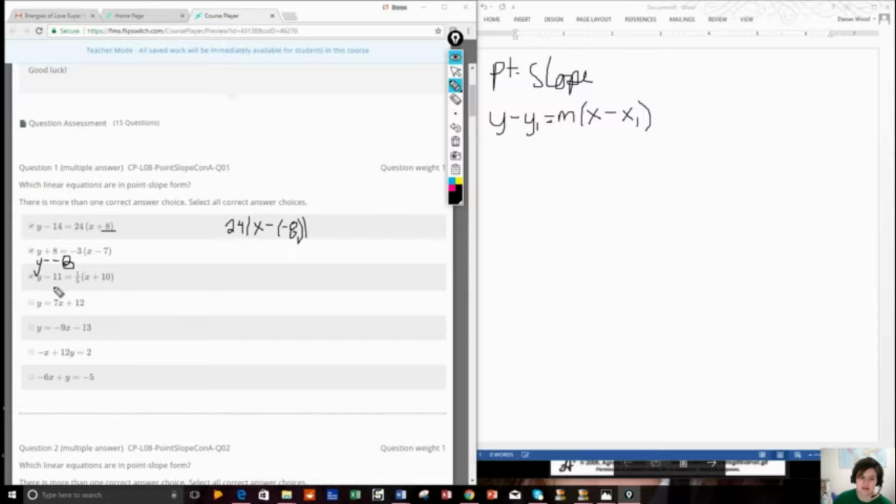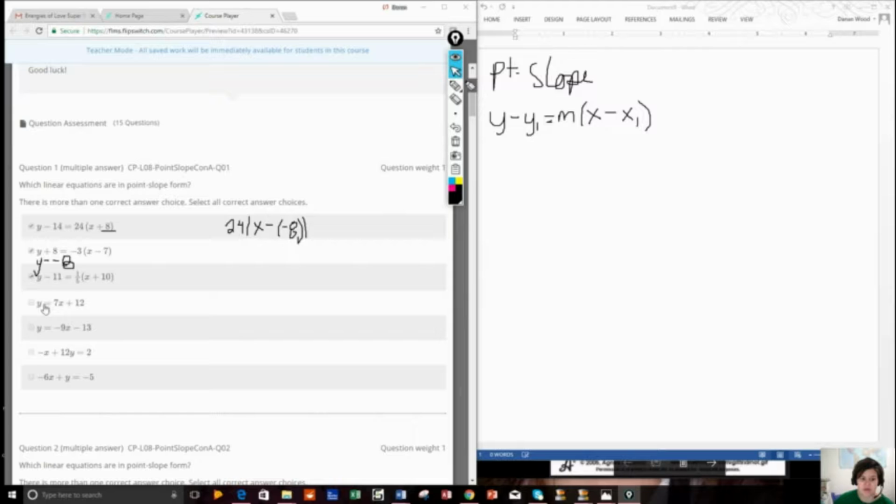Y minus 11, check, equals 1/5. That's okay to have a fraction as a slope. So far so good. Times x plus 10. Again, this addition is because they subtracted a negative, so that is good as well.